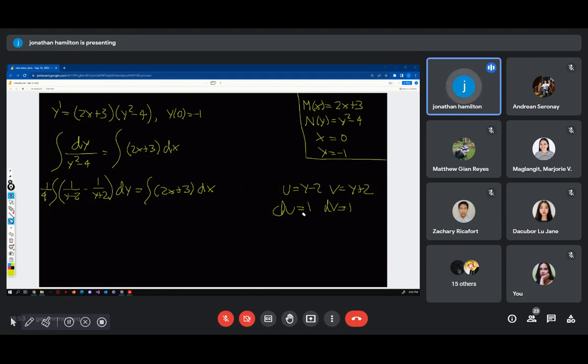So we can automatically say that du is equal to 1, dv is equal to 1. And as a small shortcut, we could also say this equation will become 1/4 times ln of the absolute value of y minus 2 minus ln the absolute value of y plus 2.